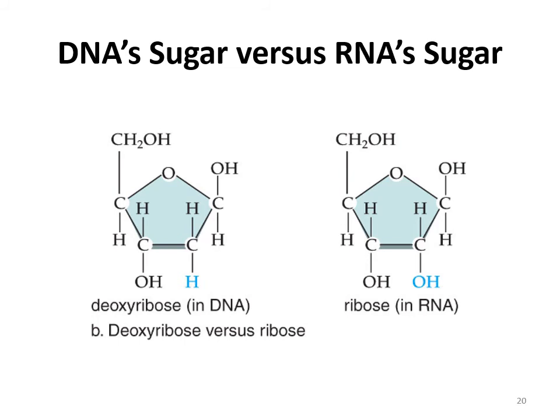So remember, DNA has deoxyribose as its sugar, whereas RNA will have ribose. And you notice over here, deoxy means that it's missing an oxygen. So ribose has this oxygen over here in blue. Deoxy means that it has one less oxygen, but the rest of the structure looks the same.